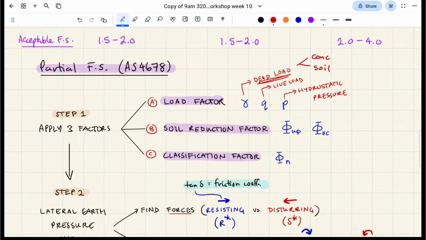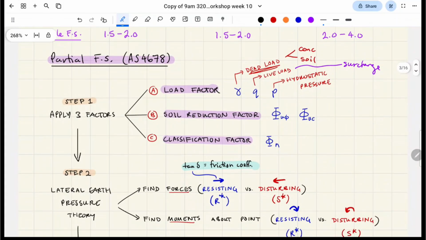Live loading, again, would be from, for example, traffic, and usually it would come in the form of surcharge in our questions. And also hydrostatic pressure, just have to keep that in mind. But the factors for hydrostatic pressure are just one, so you don't have to exaggerate them by anything.